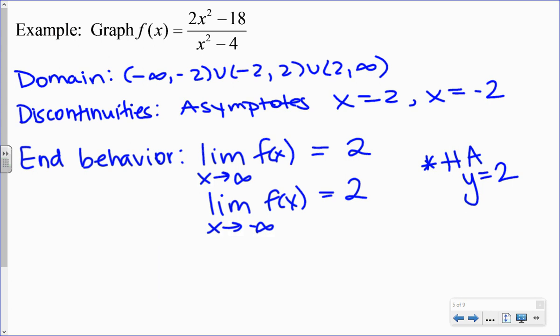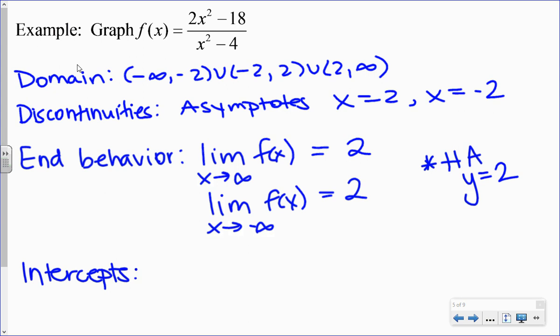So I'm going to make a note to myself. Our end behavior is the way that it is because of our horizontal asymptote. Last pre-calc concept, excuse me.